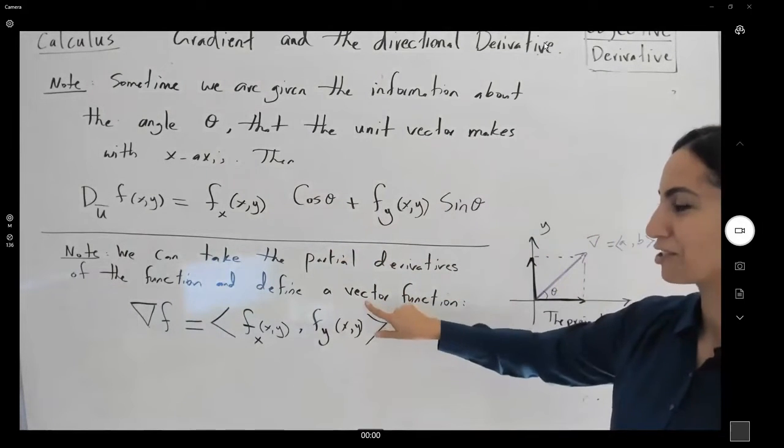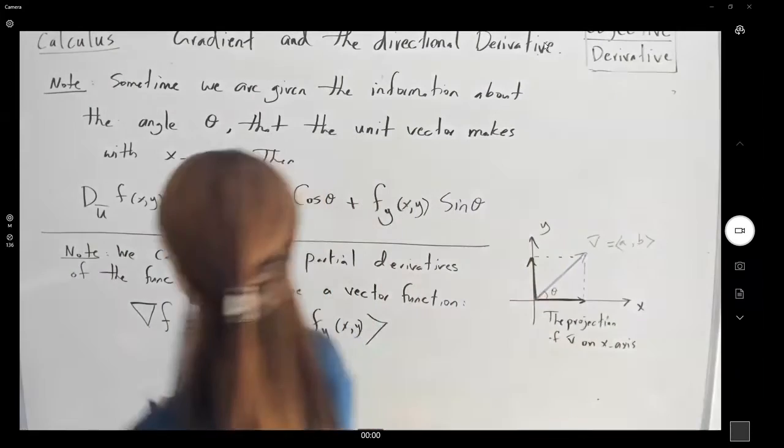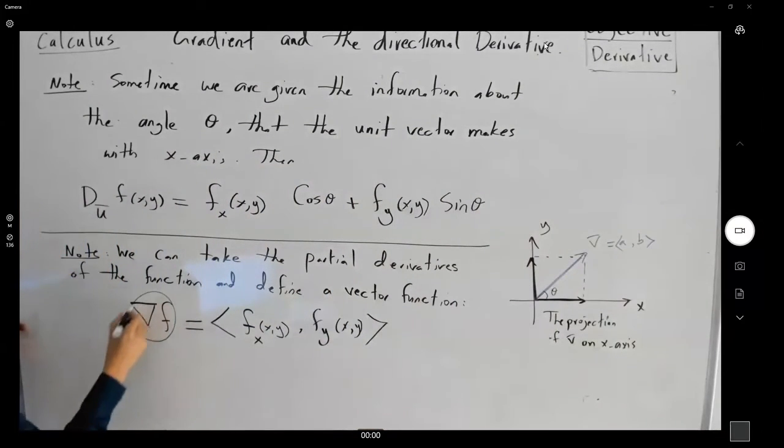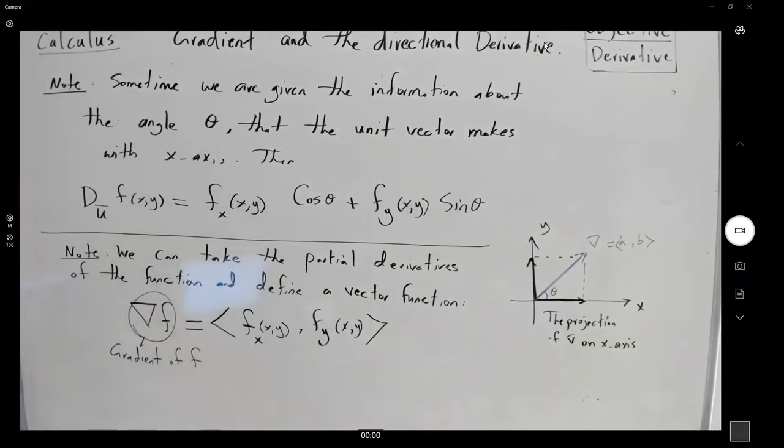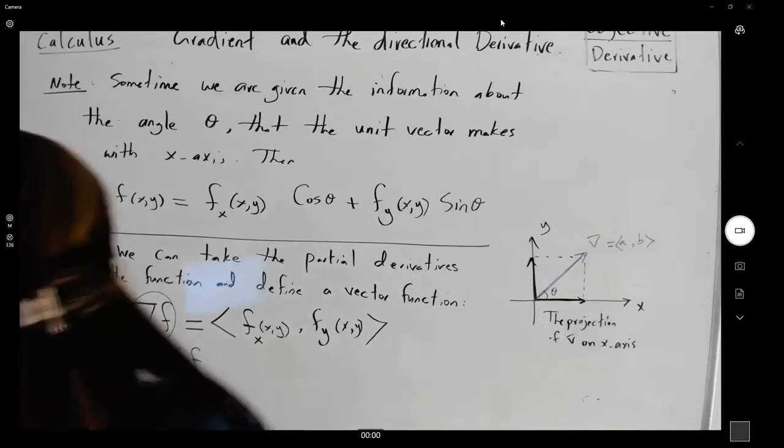So we have a vector function that we call the gradient of f. There we go.